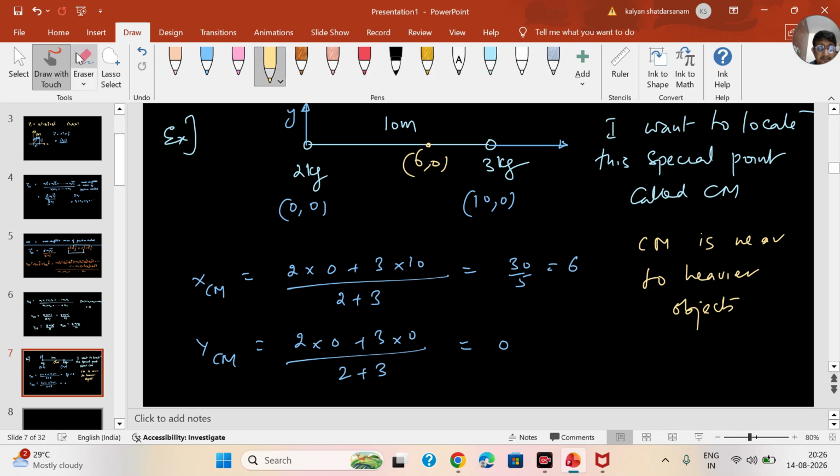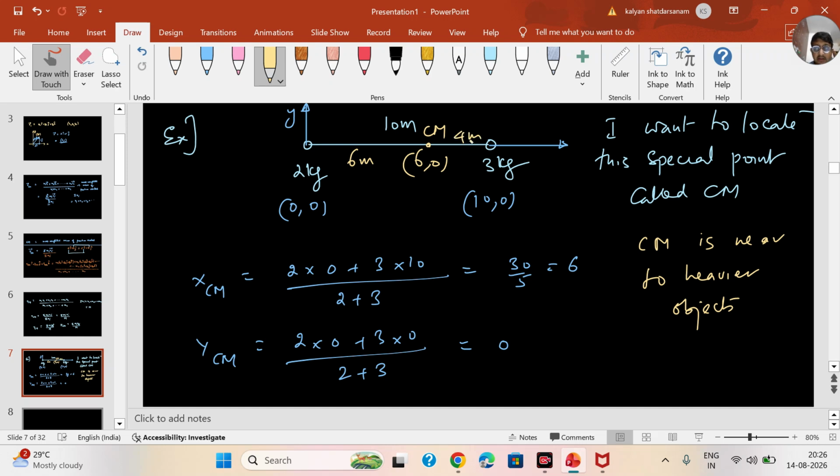You can see here, the center of mass is near to the 3 kg, or it is far from the 2 kg. Why like that? Because the more the mass, the more is the importance for the position. m1 r1: if m1 is more, you are giving more importance to r1. Now one thing, the distance of the center of mass from the 2 kg is 6 meters. The distance of the center of mass from the 3 kg is 4 meters.